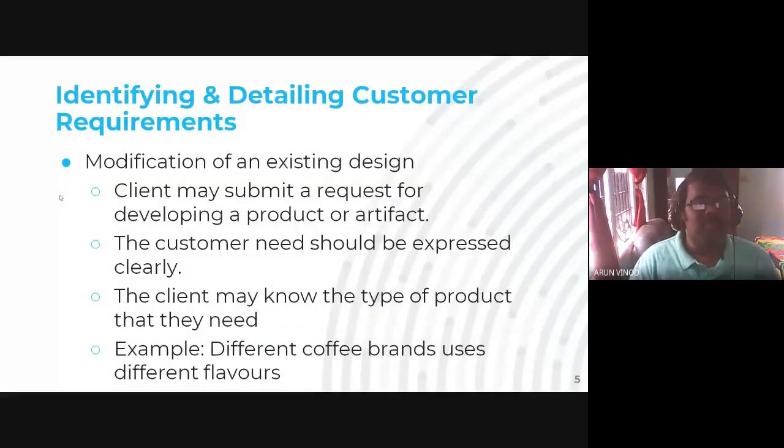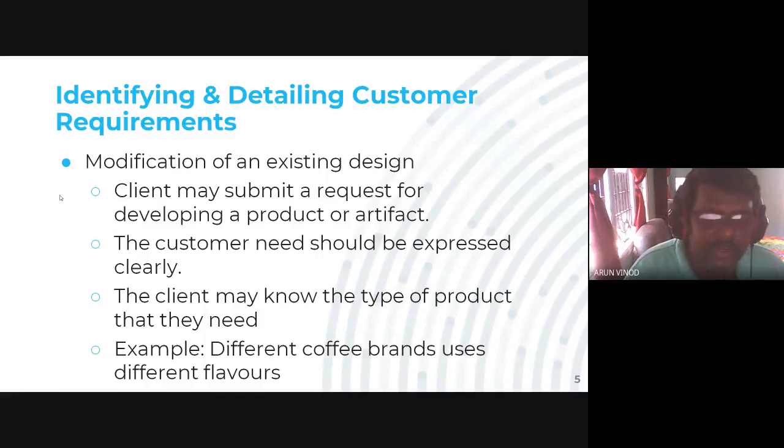The second thing is modification of an existing design. The same client is coming and telling that he has a particular brand or product, and he wants to modify this particular product. In such cases, you are going to modify an existing design. The customer needs should be expressed clearly, of course, the same thing we discussed last year.